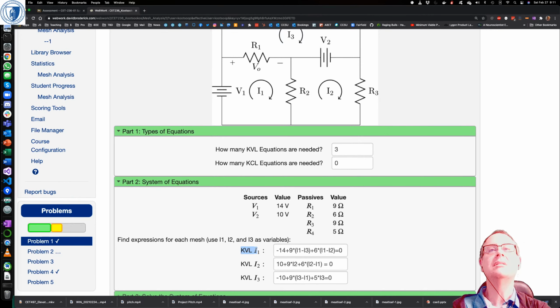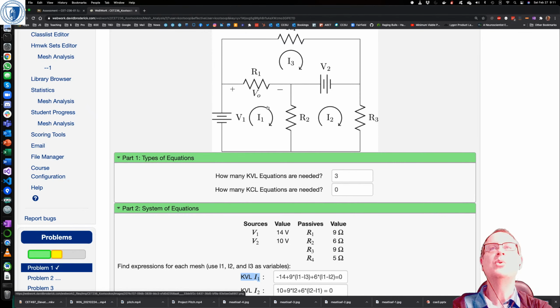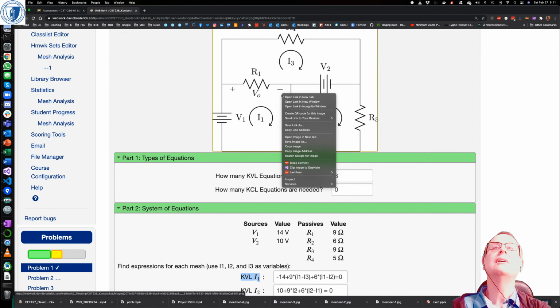The KVL for I1, go around the circuit. V1 is 14, and we're going into the negative side, so it's minus 14, and then plus, that's I1 minus I3, right?